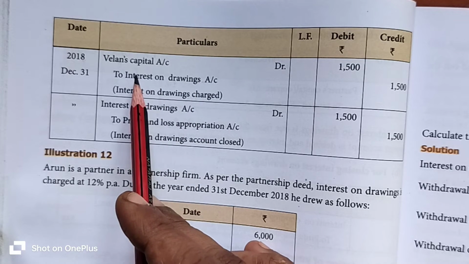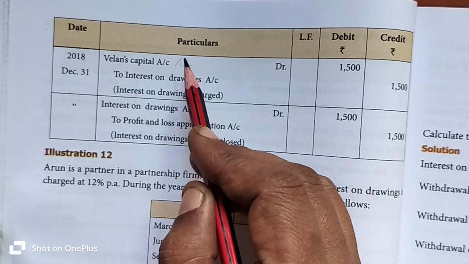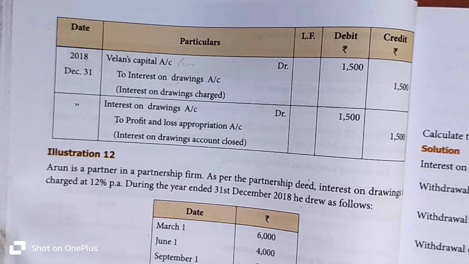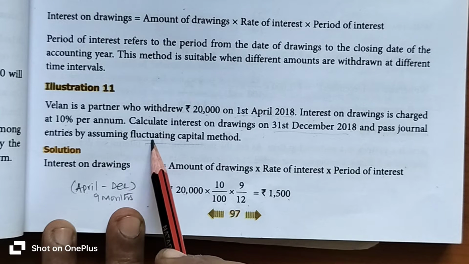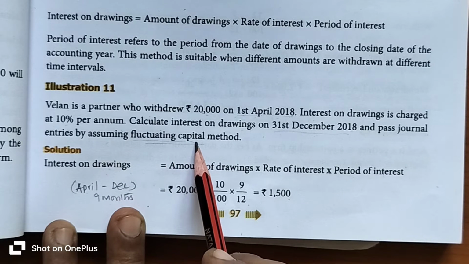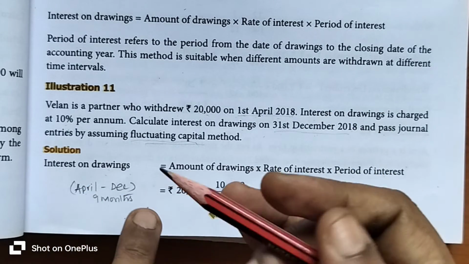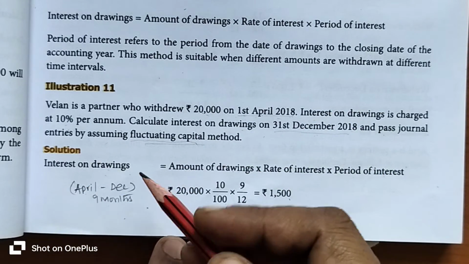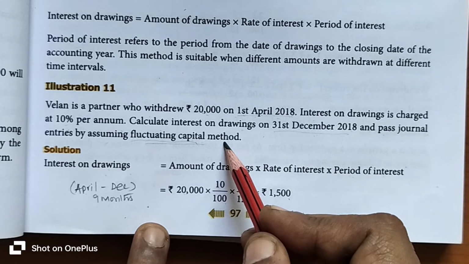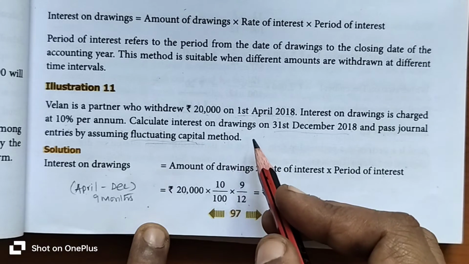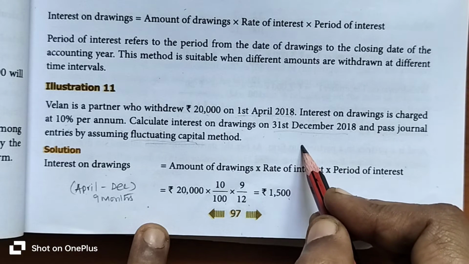Listen carefully. Why can't you write Valen's current account? We are going to pass the journal entry by the fluctuating capital method. Fluctuating capital method means capital and current account are combined together. If the fixed capital method is given, we can write capital account and current account separately.